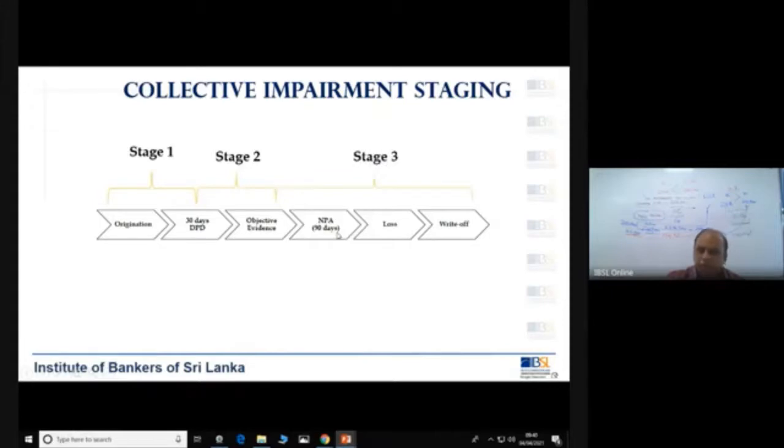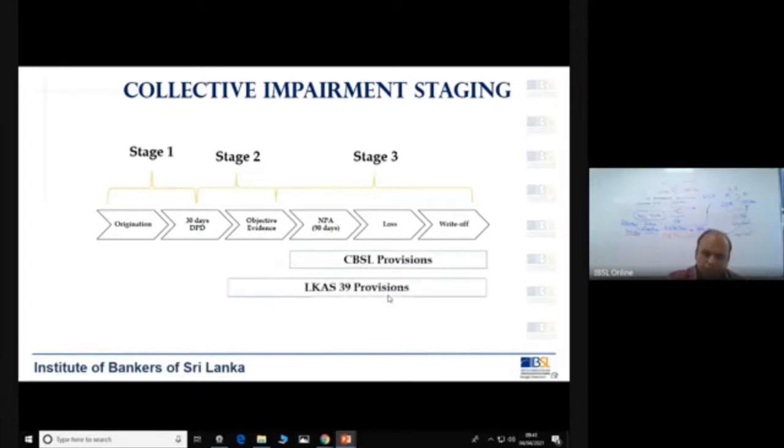From there onwards, you put everything under stage three. This is a fundamental classification to simplify the collective impairment process. We call it staging of loans and advances for collective impairment purposes.